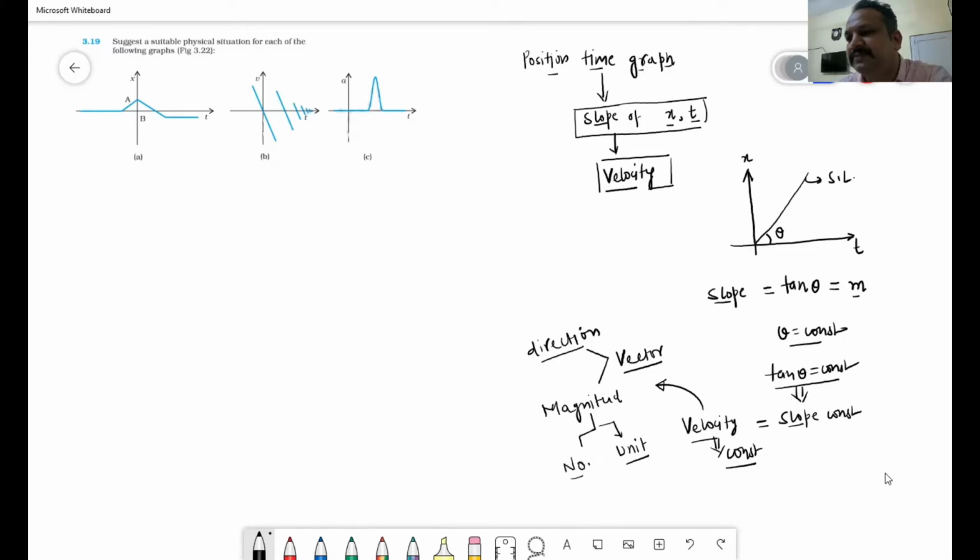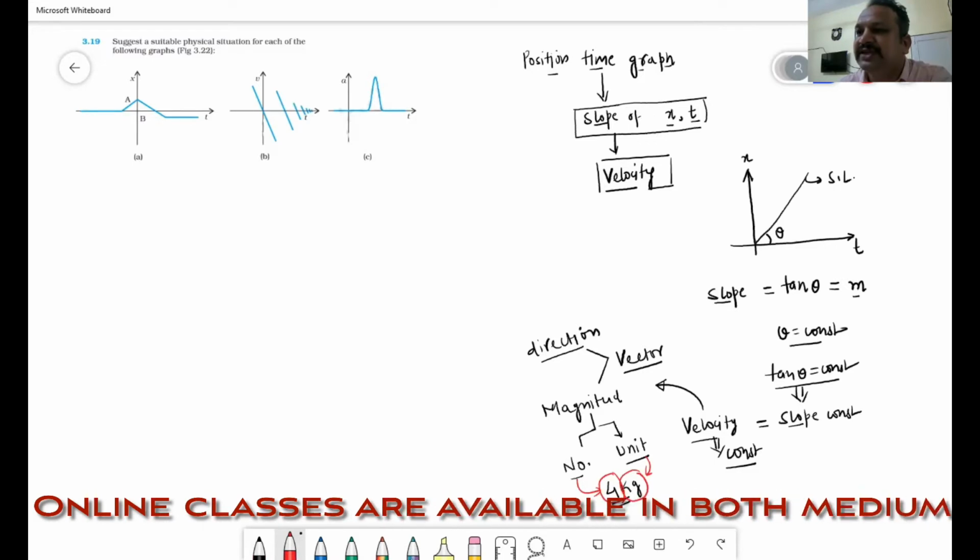Let me take one example. Suppose I say 4 kg. So 4 kg represents the mass, where 4 is the number and kg is the unit. This is nothing but the magnitude.